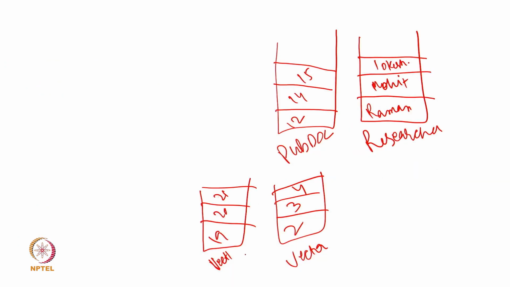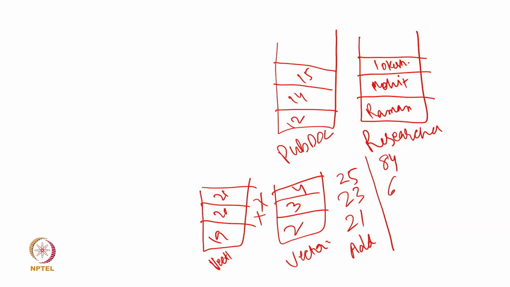So this is our vector 1 and this is our other vector. If I have to do addition, how will we do it? It's cell wise. 21 plus 4 is 25, 20 plus 3 is 23, 19 plus 2 is 21. So this is addition. If I have to do multiplication, 21 times 4 is 84, 20 times 3 is 60, 19 times 2 is 38. So this is multiplication cell wise.